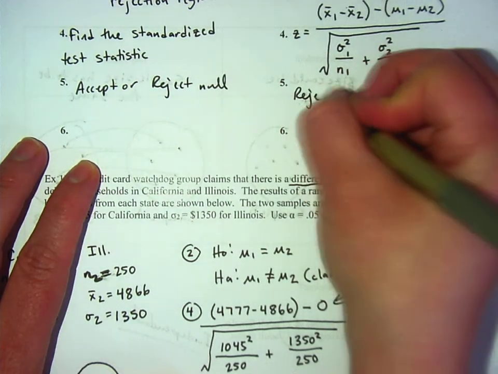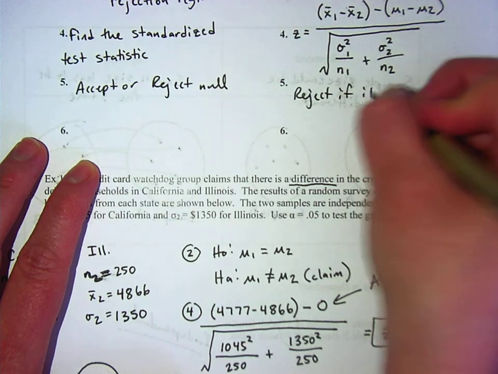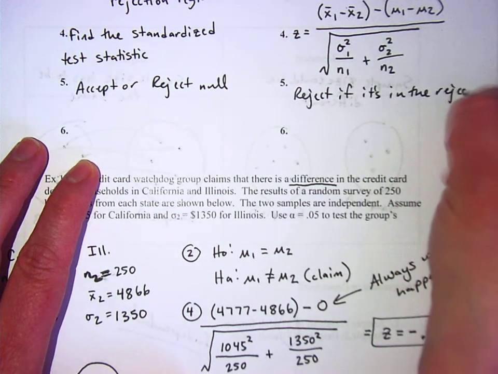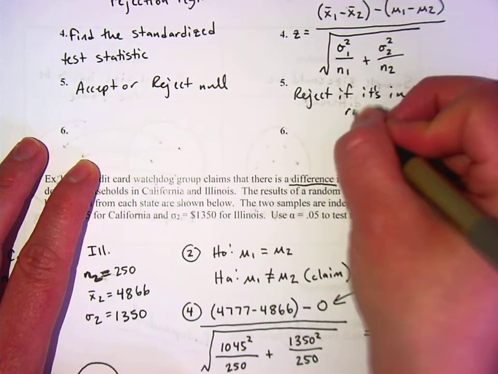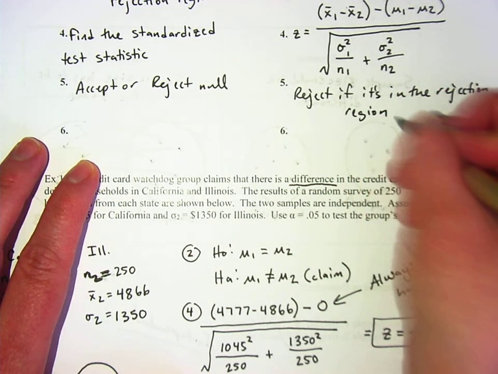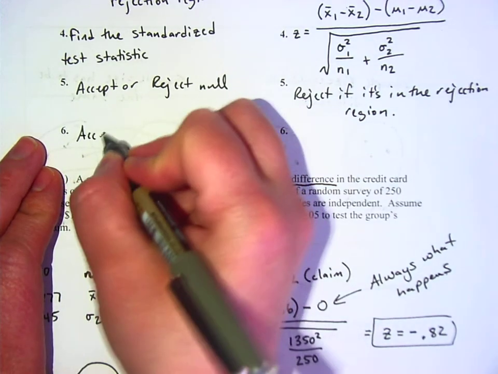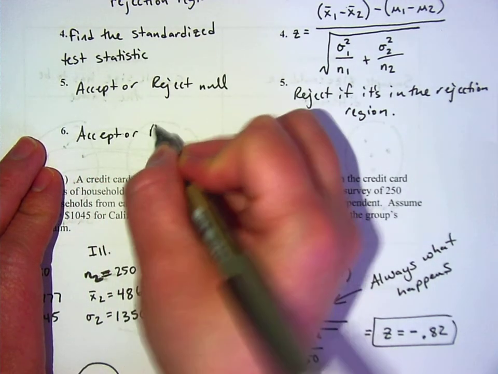You reject if it's in the rejection region. And then the final step is to accept or reject the claim.